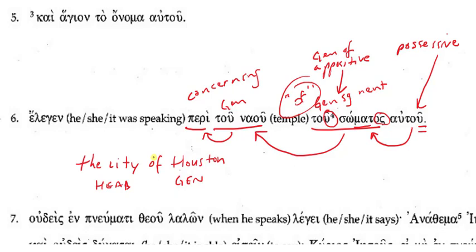Like Houston is this big entity and it has a city inside of it? No, it's not Houston's city. This is a genitive of apposition, which is to say, when you have apposition, the noun that is considered the appositive is basically identical to the thing that it's renaming. So the city of Houston, I could rephrase that as the city which is Houston. And here he is speaking about the temple of his body, which is to say he is speaking about the temple which is his body. Okay. So that's clarification.